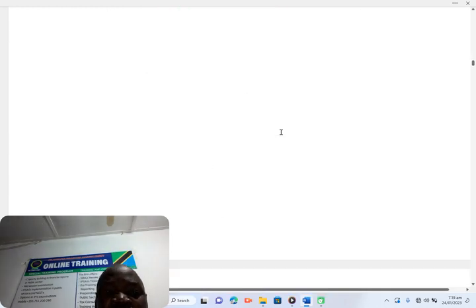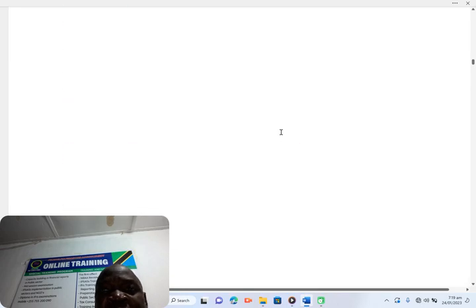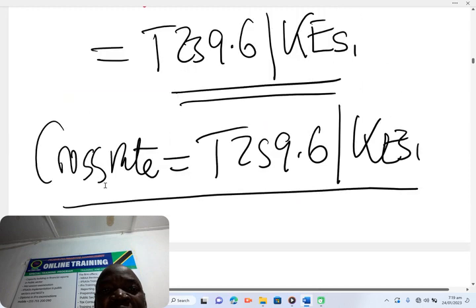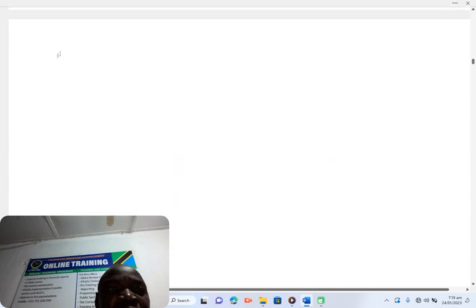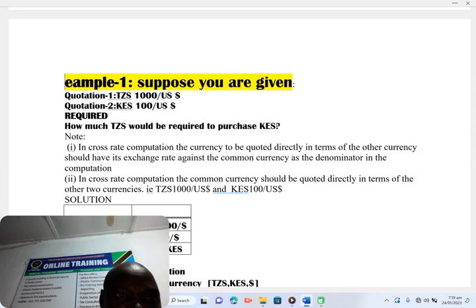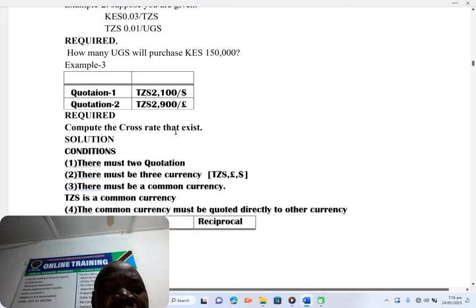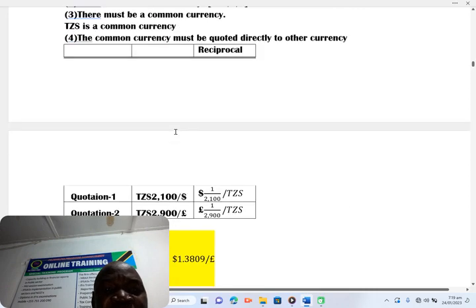For example, let me make a simple understanding here. So when you compile your notes, we have some key issues. So example. So we have done here the first quotation. I want to see the two-way quotation.